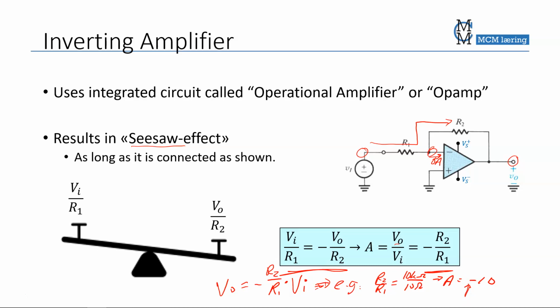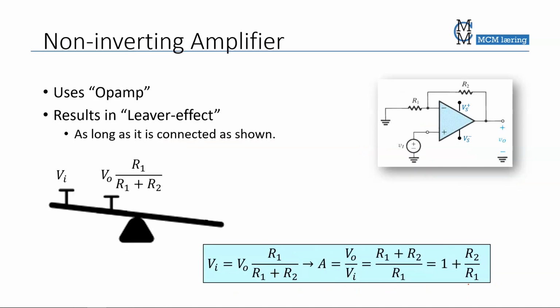The other basic amplifier circuit is this. Again, you have the operational amplifier as the centerpiece of your amplifier. So this is the total amplifier here, and inside your entire amplifier you have the centerpiece, which is the operational amplifier.